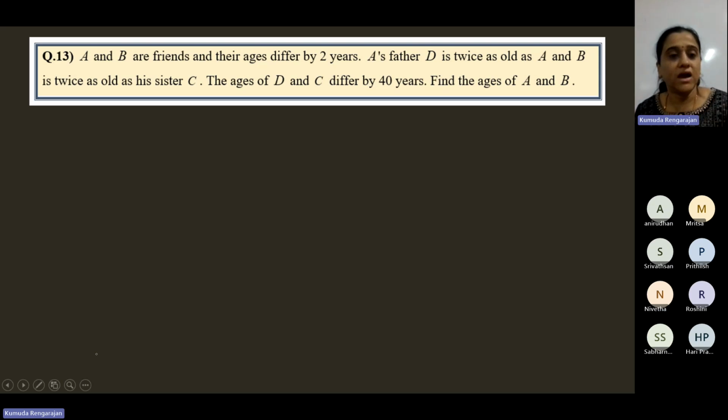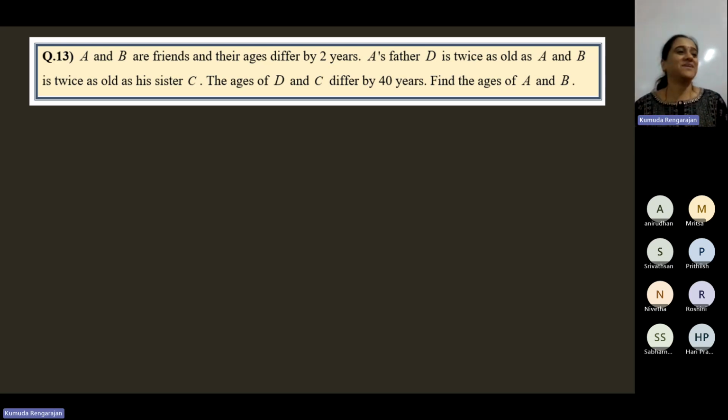A and B are friends and their ages differ by 2 years. If I say I have a friend and our ages differ by 2 years, what's my friend's age? You don't know my age.